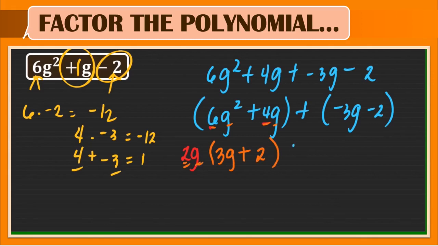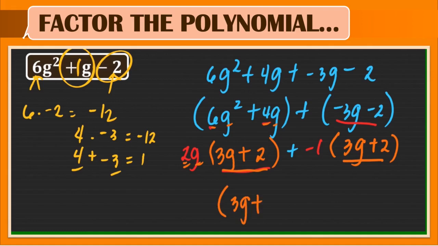Then copy plus negative 3g minus 2. Let's make it positive. I will factor out negative 1. The remaining is positive 3g, negative 2 divided by negative 1, that's positive 2. So as you can see, the two of them are the same. We can factor them out. So we can write 3g plus 2 as the first factor, and the second factor is 2g minus 1.